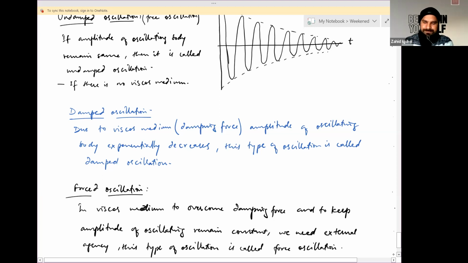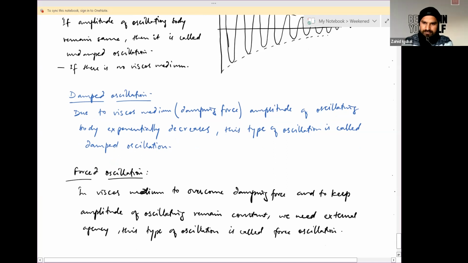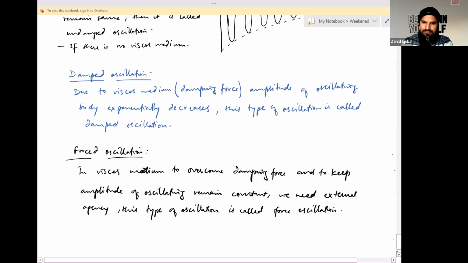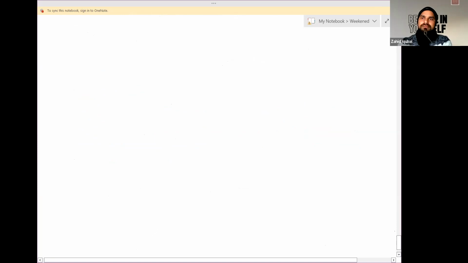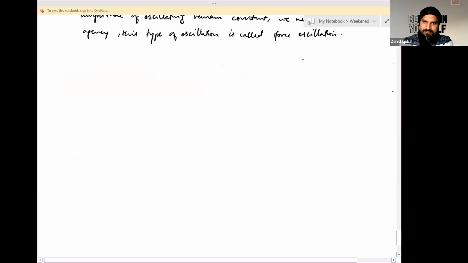It means suppose you have a spring mass system placed in a viscous medium, which will tend to decrease its amplitude.